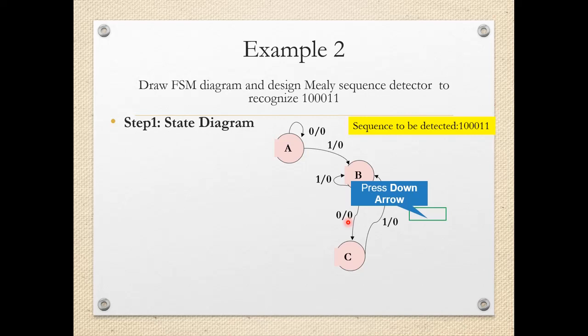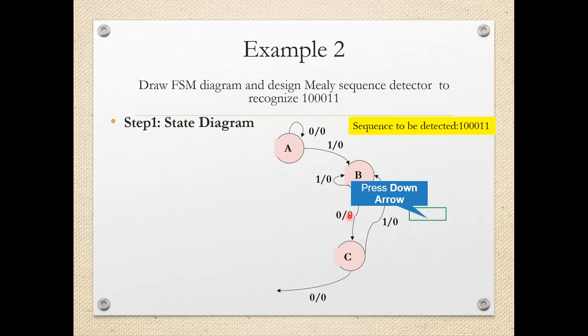So my sequence may be 1 0 and then 1 and then the correct sequence like 1 0 0 0 1 1 may come. So this 1 may be the first bit of the correct sequence. So instead of going again to A, because then in that case the correct sequence will get skipped, you go to the state B for checking of the second bit.